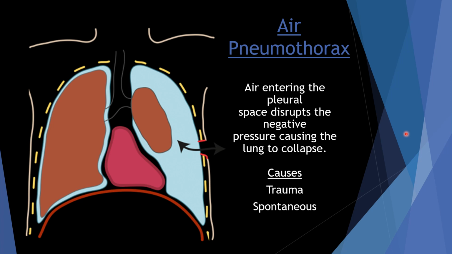Basically, it's a pneumothorax and we don't know why it happened. Then you have a secondary spontaneous pneumothorax, and these are the more common, and they're usually associated with a history of some sort of underlying pulmonary disease. All right.